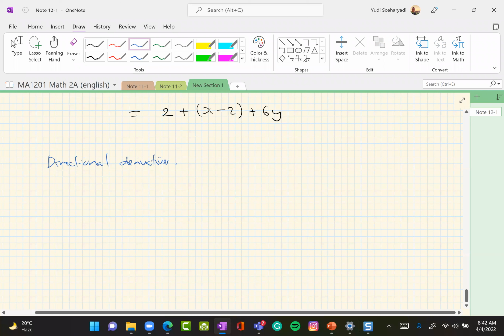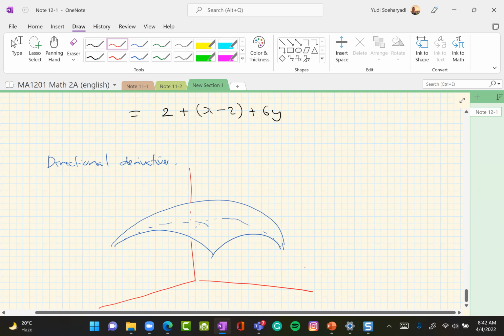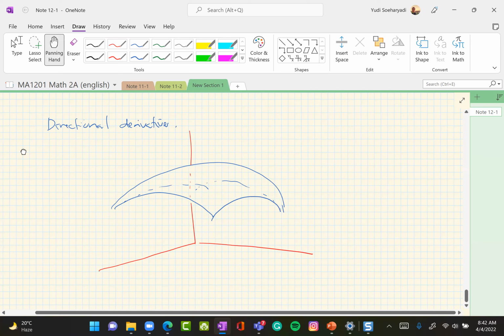Again, if we have a surface, and this is the axis.